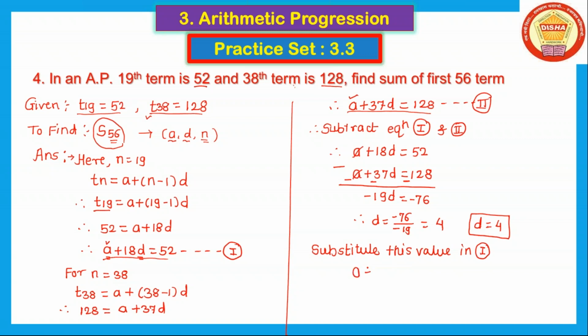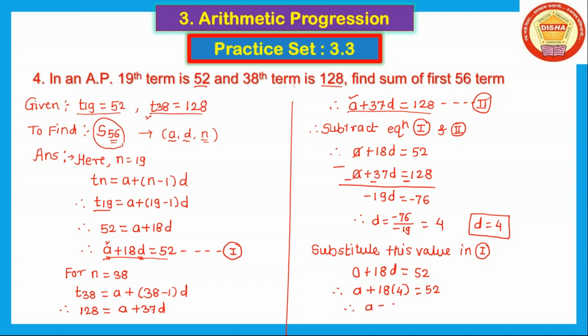That is A plus 18D is equal to 52. We put the value of D, that is 18 into 4, is equal to 52. We solve this equation.